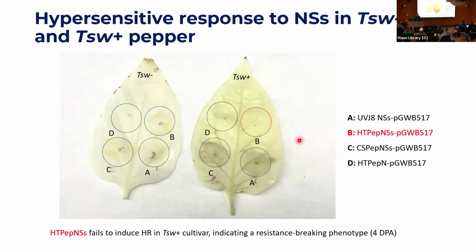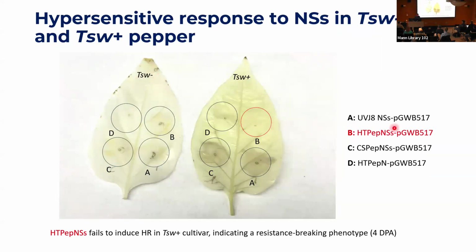Because when we collected, we did not know their resistance breaking or non-resistance breaking status. So one of the first things we did is we tried to understand the hypersensitive response of these isolates in resistant versus susceptible pepper. The form of resistance in pepper is Tsw.